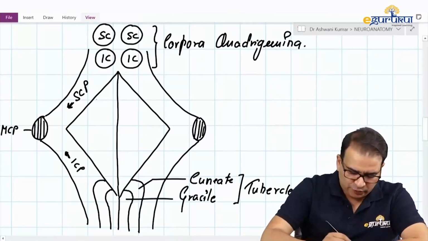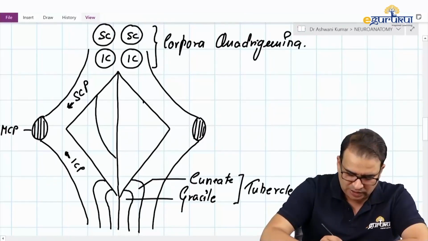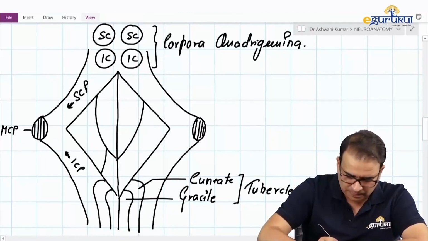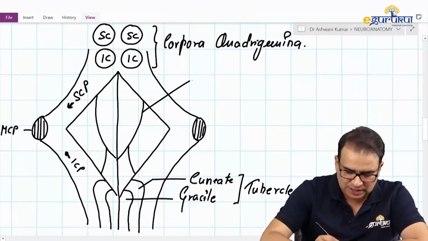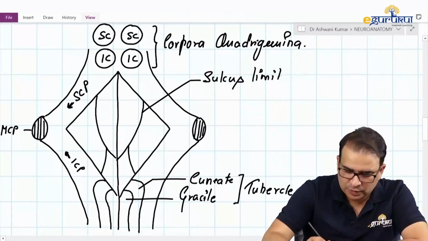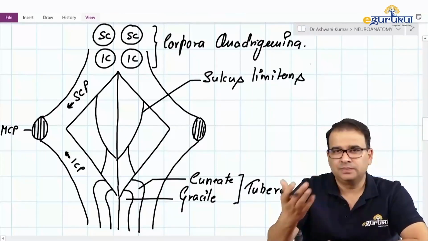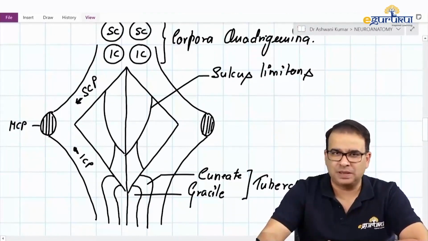As we said, in the floor of the fourth ventricle, we will see the sulcus limitans. Now, let's say this is the sulcus limitans. First it converges. Just draw it in this way only, so that I can show the nuclei. So this is the sulcus limitans, the one which was dividing the neural tube into the dorsal part called the alar plate and the ventral part which was the basal plate.